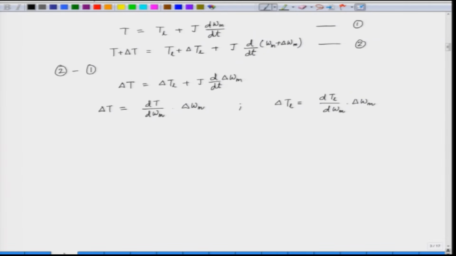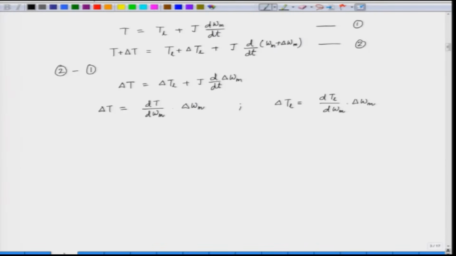So, these are the small disturbances in the motor torque and the load torque, which we obtain from the slope of the respective characteristic at the equilibrium point.